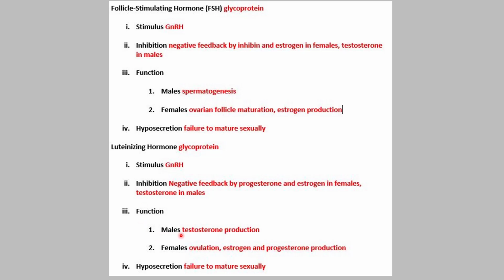In males, luteinizing hormone stimulates testosterone production by the testes, specifically the Leydig cells in the testes. In females, it triggers ovulation, the ejection of the egg from the ovary, and estrogen and progesterone production from the ovaries. Hyposecretion of LH also causes failure to sexually mature.